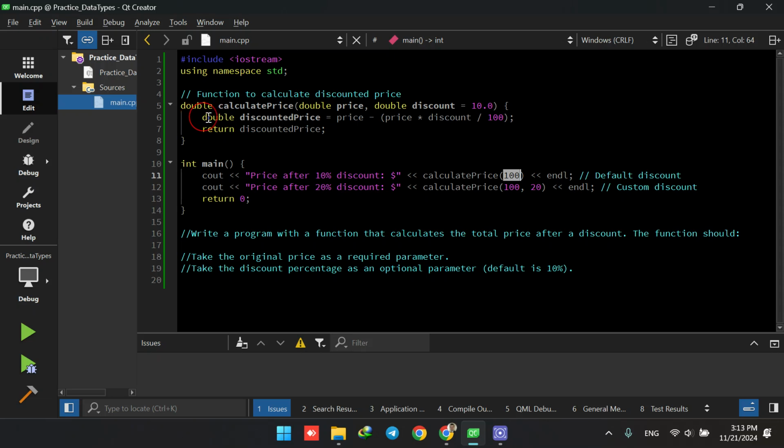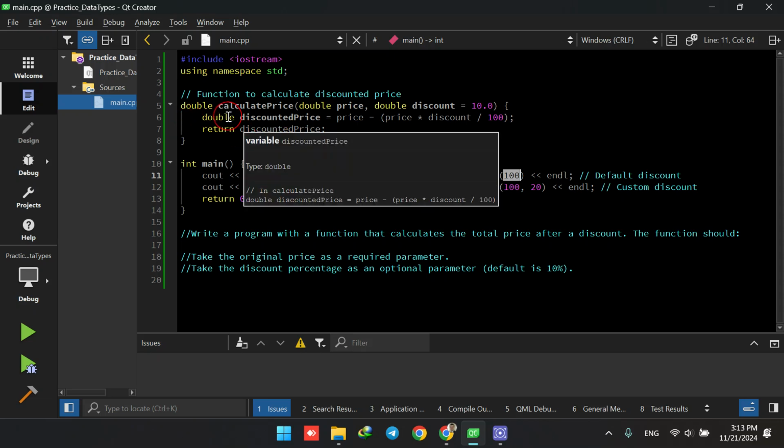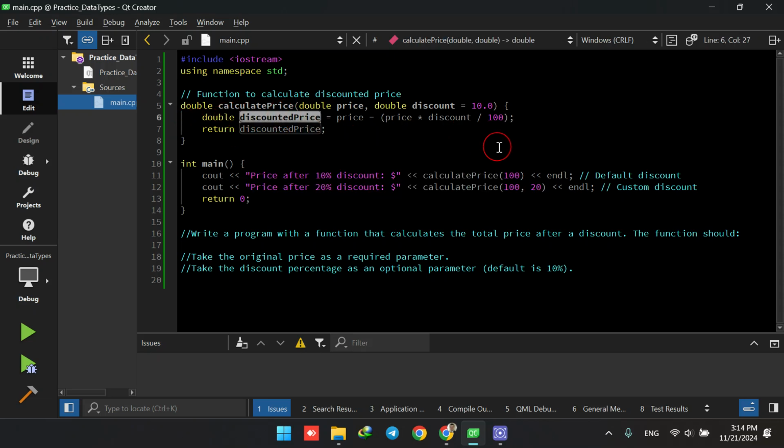Then we declare a double called discounted price, and the discounted price equals price minus price times discount divided by 100. So it is going to give us the final price after the reduction of the discount. It's a very straightforward formula.